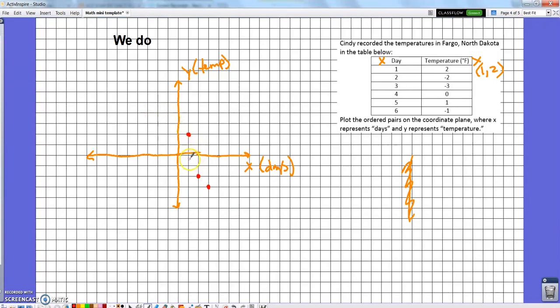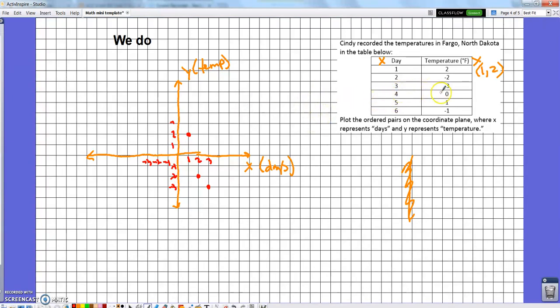I didn't label my number lines. You can, or you can not if you're used to it. There's nothing wrong with that. You can do it or not if you're comfortable.